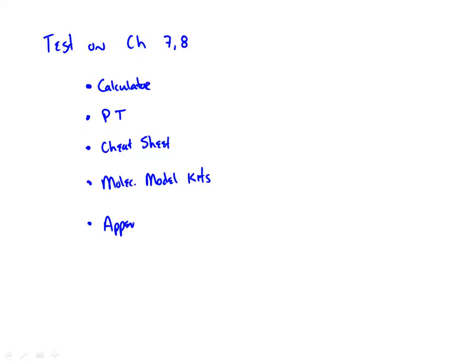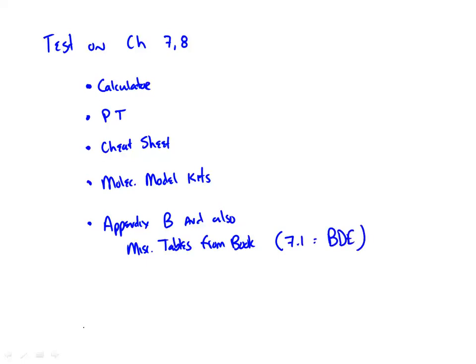You get Appendix B and miscellaneous tables from the book, where I think the only table you get is 7.1, bond dissociation energy. So you get all those tools.